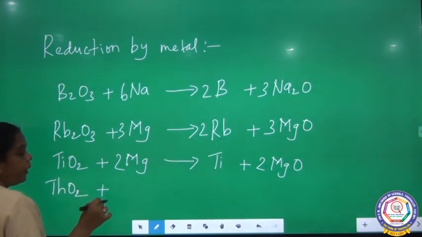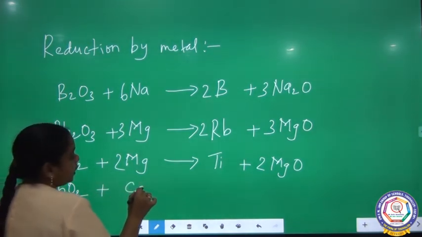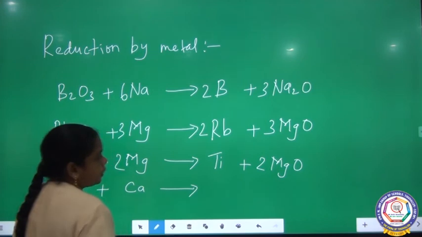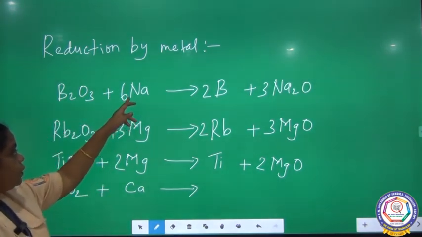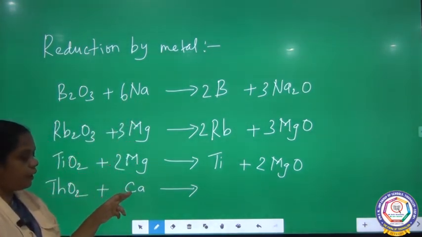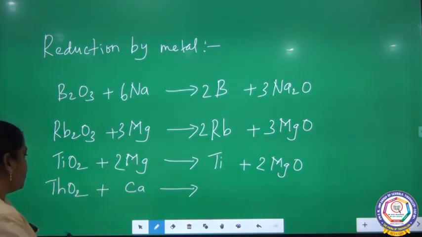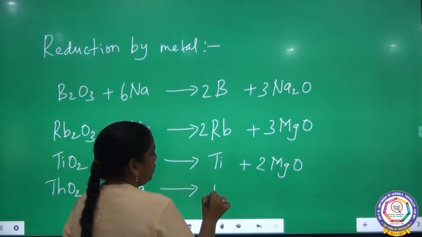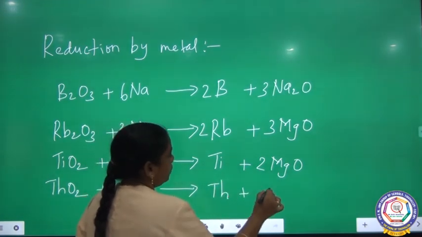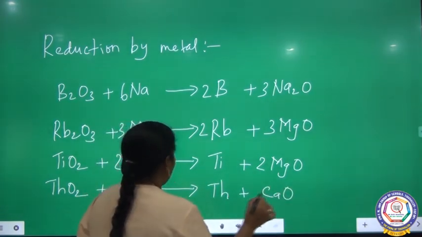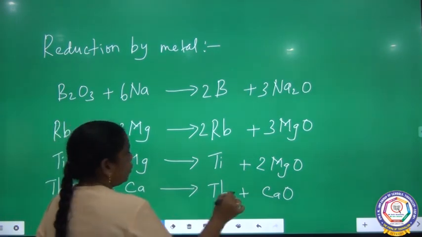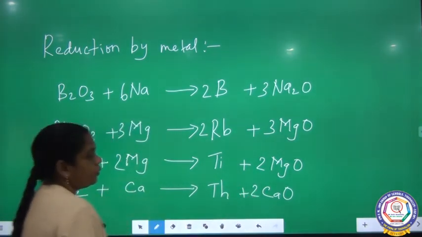Thorium oxide can be reduced by using calcium. So here the metals sodium, magnesium and calcium act as reducing agents. Then thorium oxide becomes thorium plus calcium oxide. To balance, 2.